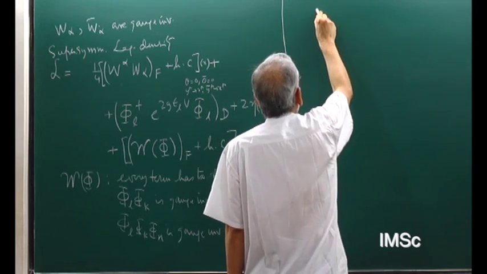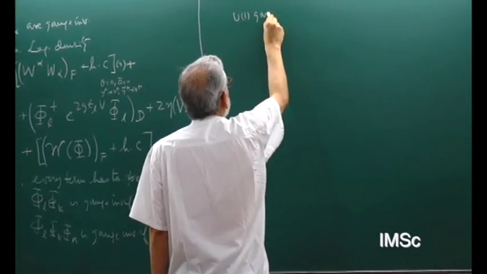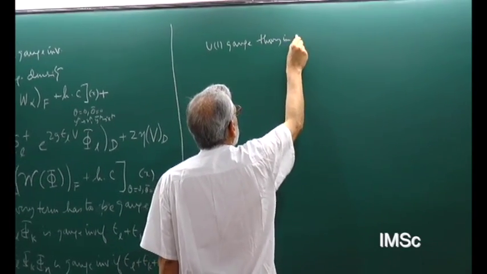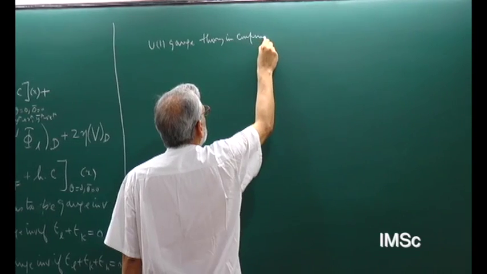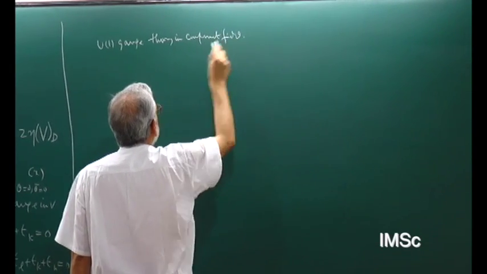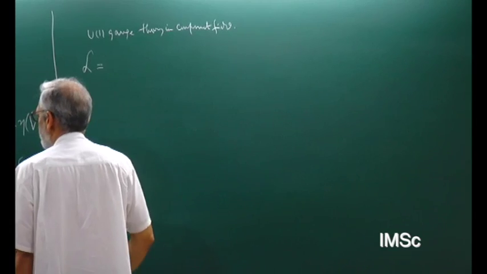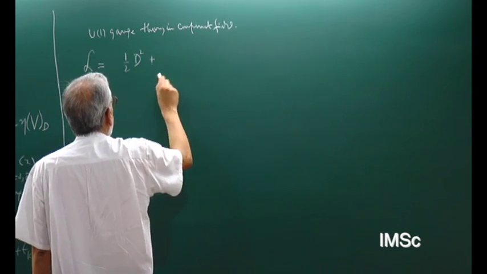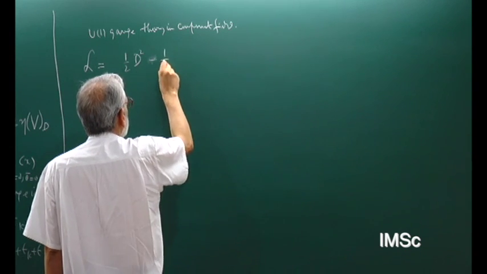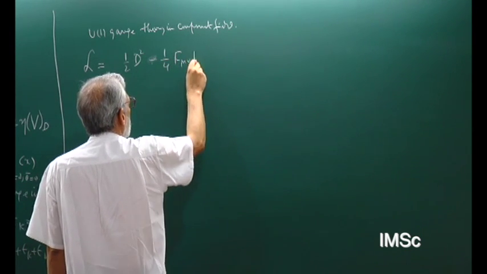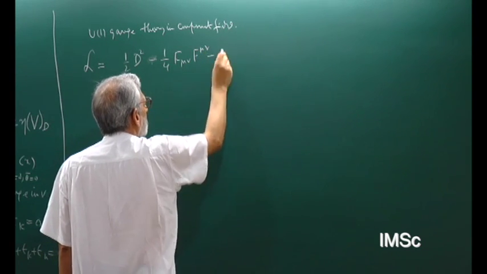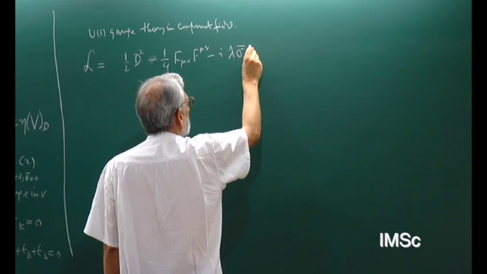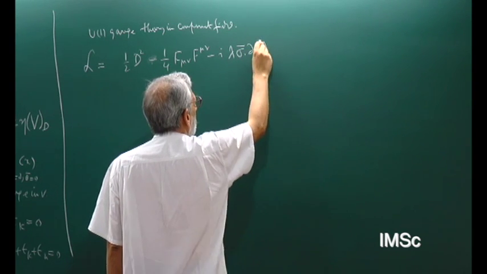So the U(1) gauge theory in component fields will be given by the Lagrangian density 1/2 D squared minus 1/4 F_mu nu squared minus i lambda sigma bar dot d_mu lambda bar.